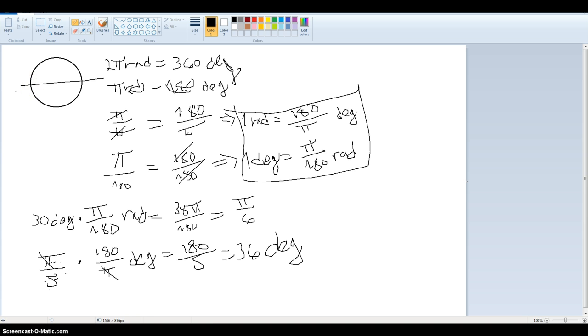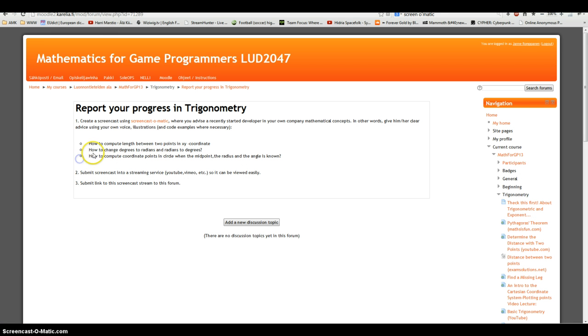And the last thing would be how to compute coordinate points on a circle when the midpoint, the radius and the angle are known.